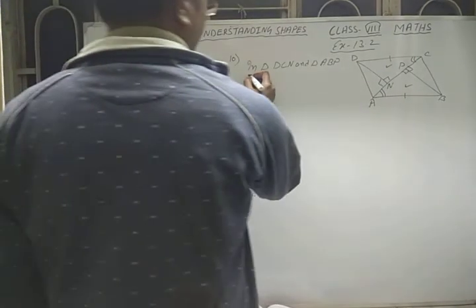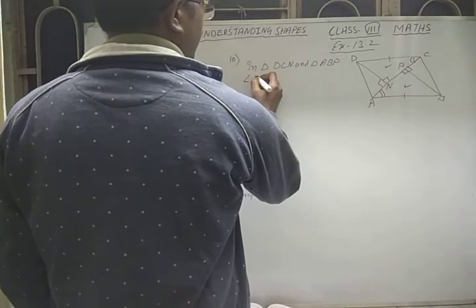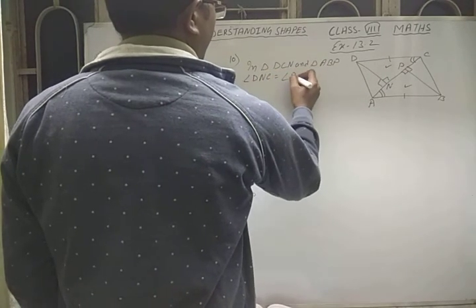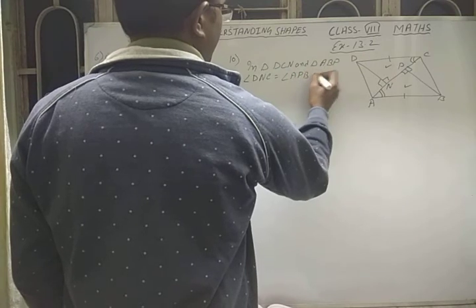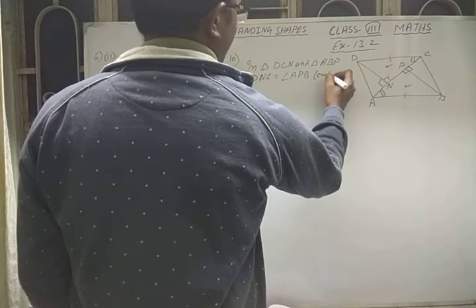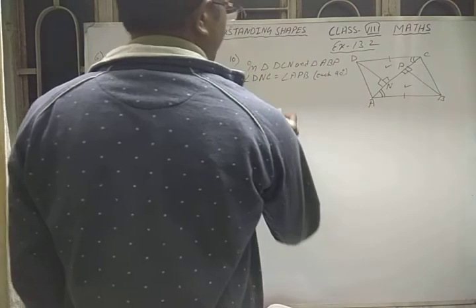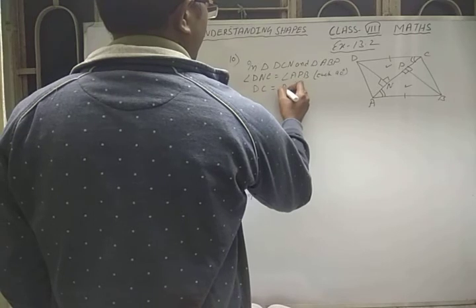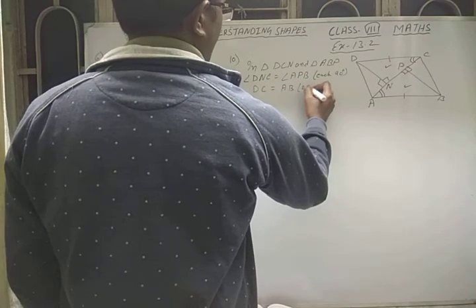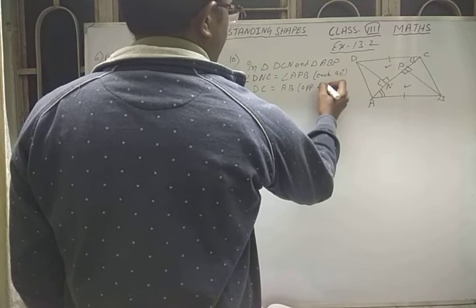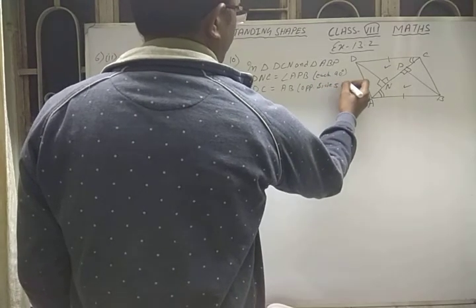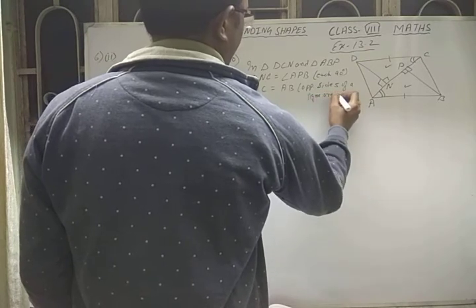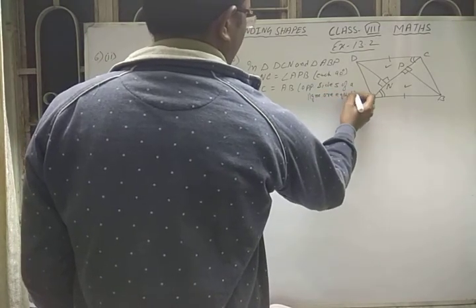So we will write angle DNC is equal to angle APB, each 90 degrees. After that, you will write DC is equal to AB. Why? Because opposite sides of a parallelogram are equal.